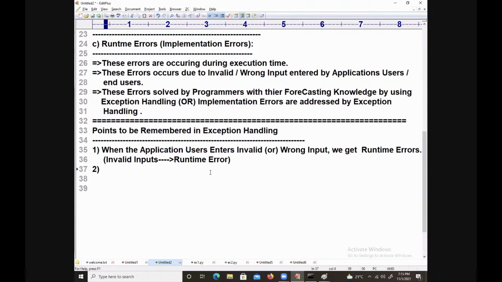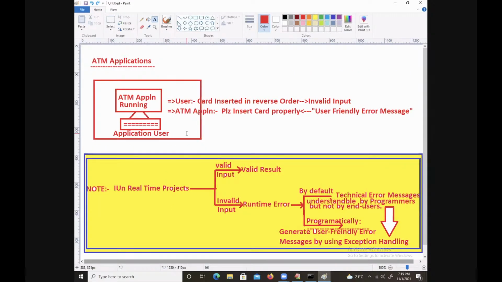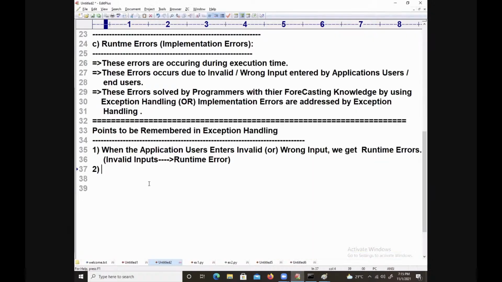Okay. Sir, runtime errors by default give which messages? Technical error messages. That point I want.